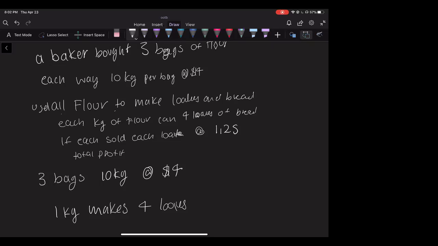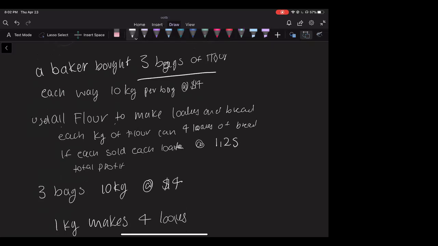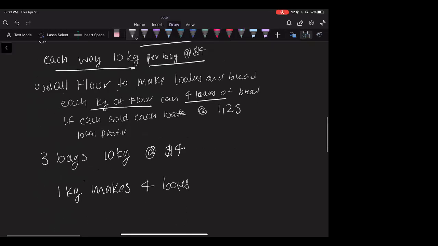So 3 bags of flour, each bag weighs 10 kilograms, per $4. 1 kilogram of flour can make 4 loaves. That's our next useful piece of information. 1 kilogram makes 4 loaves, and each loaf is sold at $1.25. That's our last piece of important information.